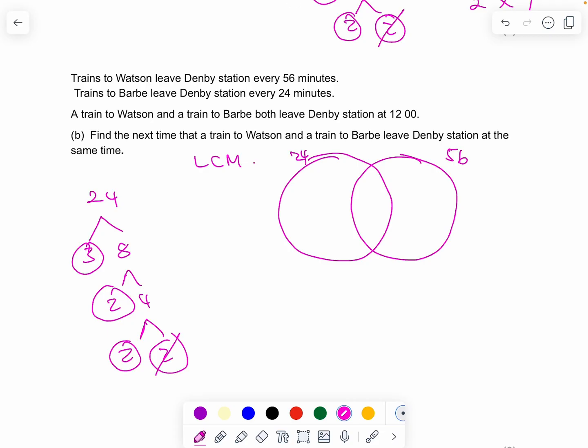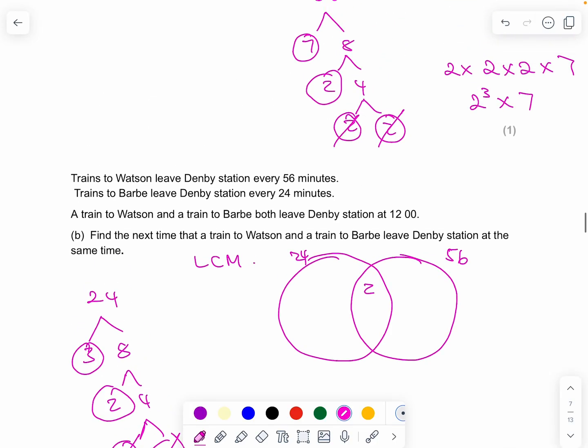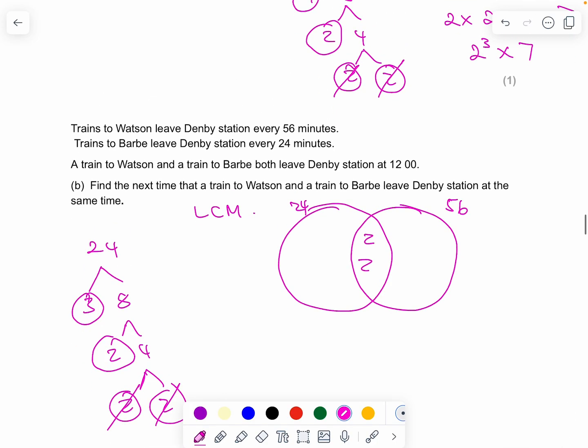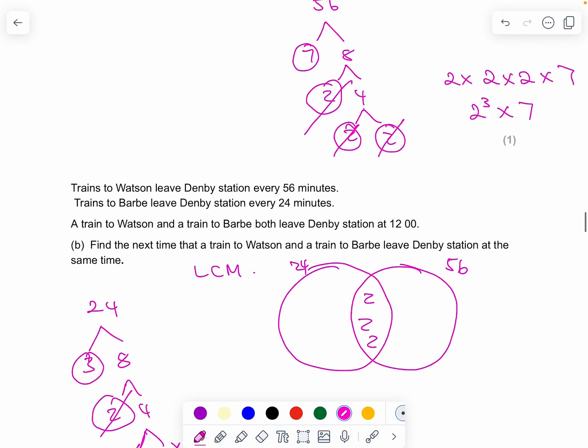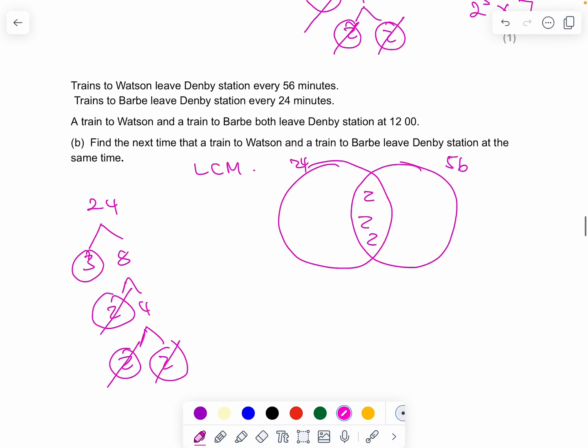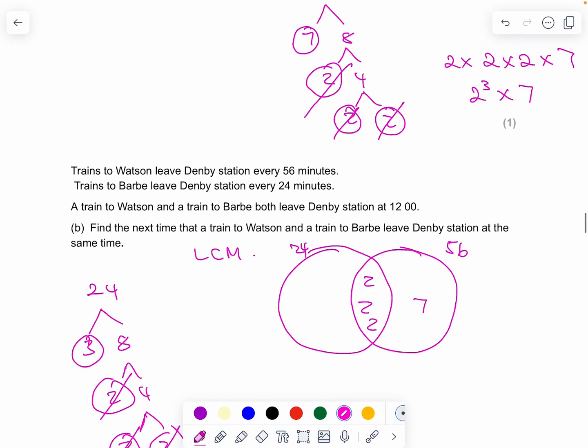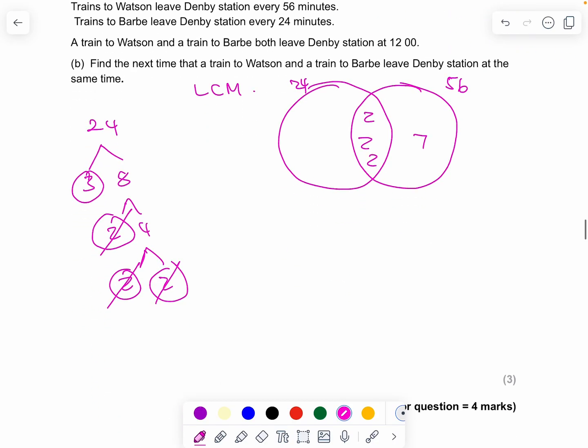There's a 2 that appears in both, another 2 that appears in both, and another 2 that appears in both. There's a 7 that appears only in 56, and a 3 that appears only in 24. Remember, to find the LCM, you multiply all the numbers.